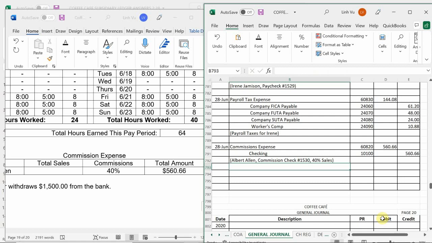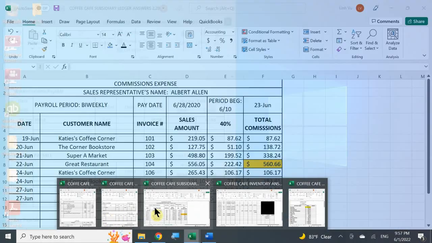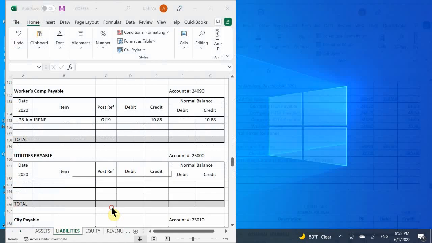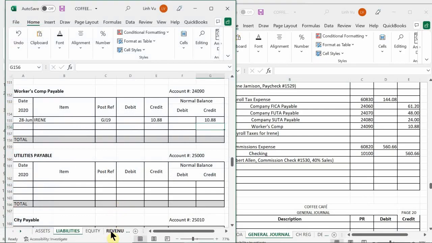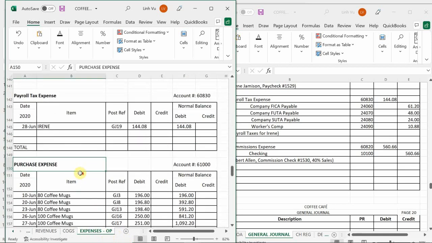Now, you need to update your ledgers to reflect that payment. Okay? So in this case, it was a commissions expense.